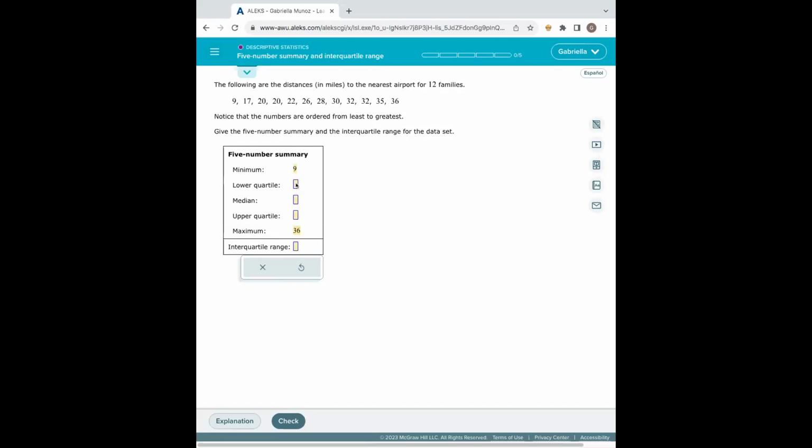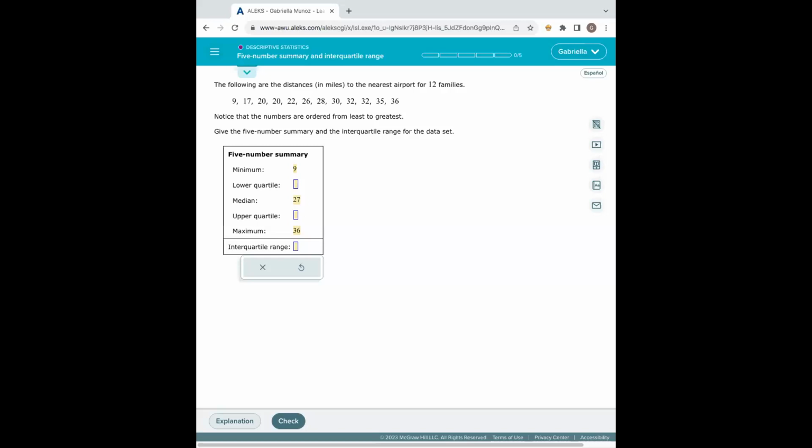The next thing is to find the median. Because there's 12 families, the median is the average of the 6th and 7th numbers. Counting from the left, I got 26 and 28. So you're going to find the average of those two, which is 27. That's the median.